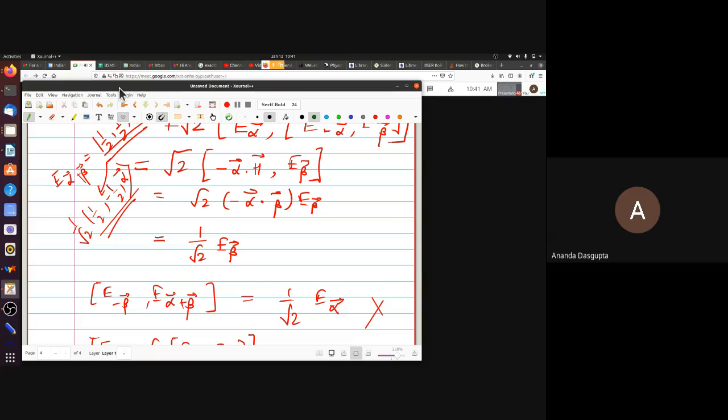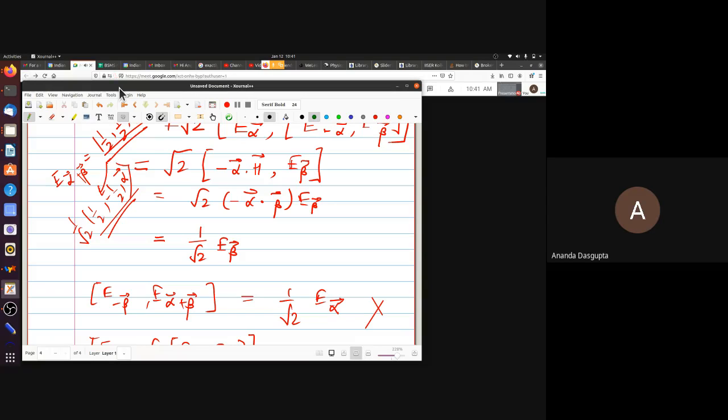You're almost correct. Not only almost, you're actually correct. It's just the wording. I would have chosen the wording differently. The point is, what I did was I took the SU2 Lie algebra generated by alpha, applied the raising operator of that algebra to E beta, found a state, that is, found a generator, which I knew has to be proportional to E alpha plus beta.